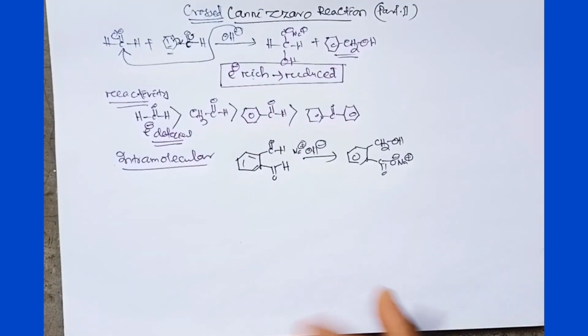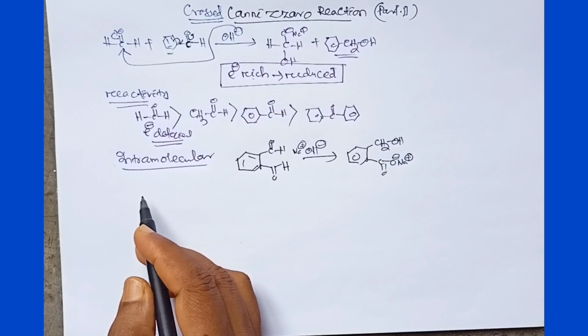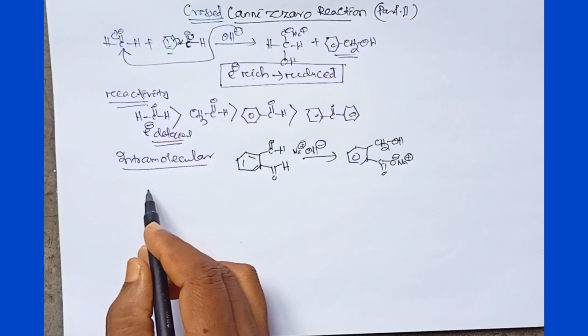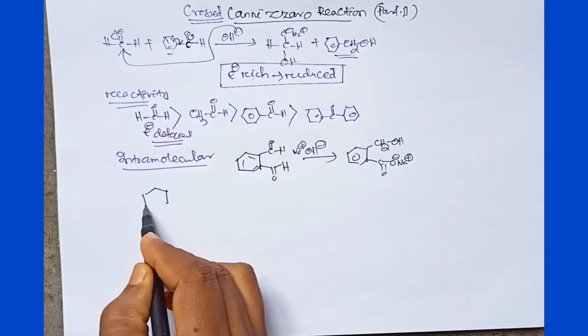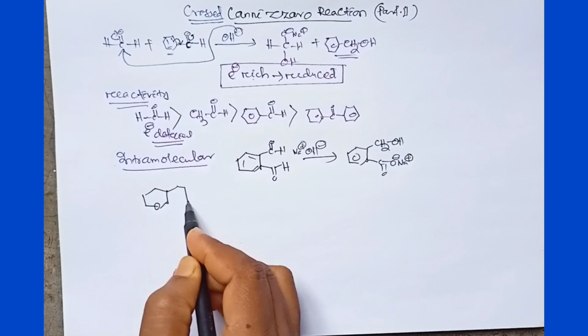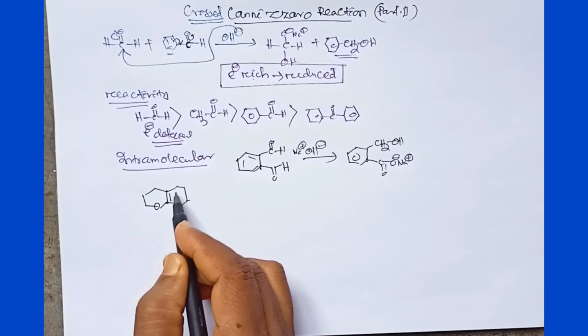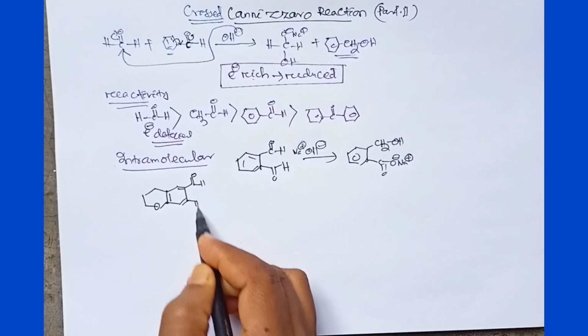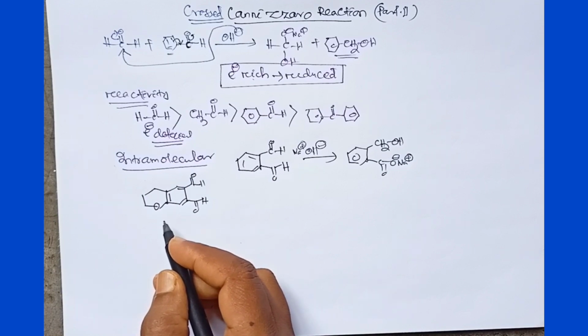Sometimes we are confused about which center is more electron rich and which is more electron deficient. Let's take a very interesting example. This is one aldehyde. Now we have to decide which aldehyde is more electron deficient and which is more electron rich.